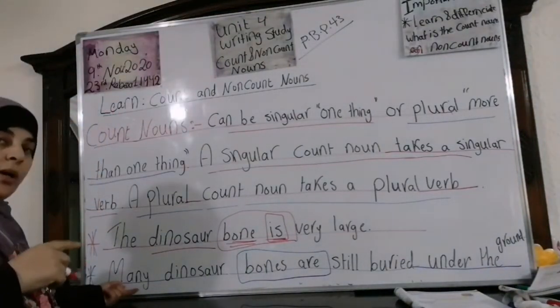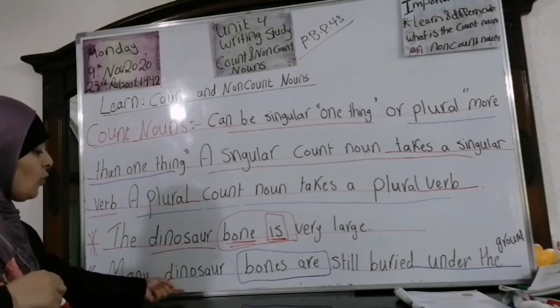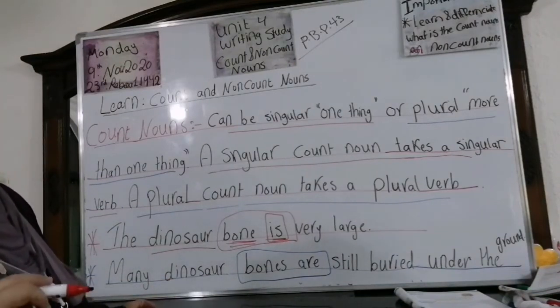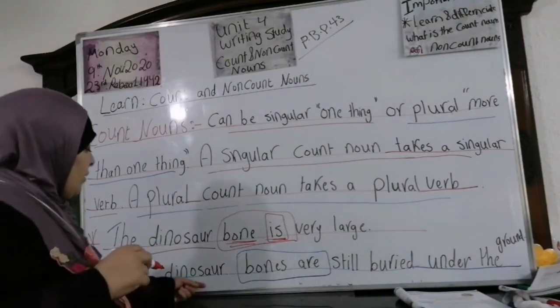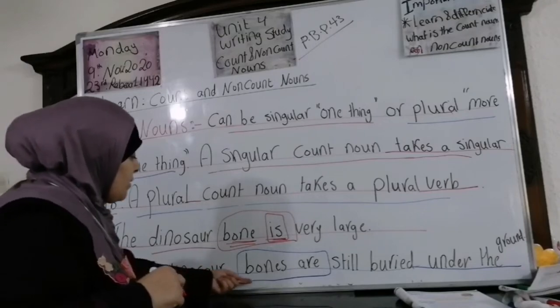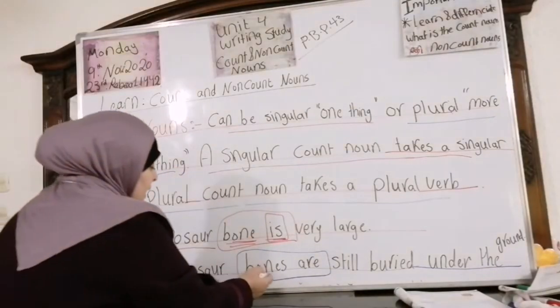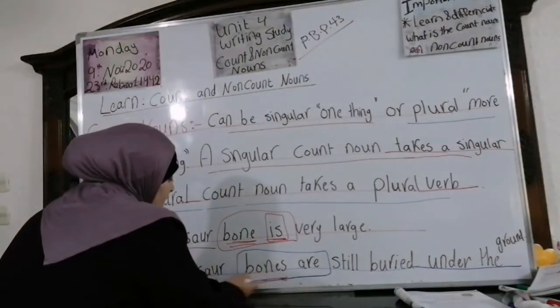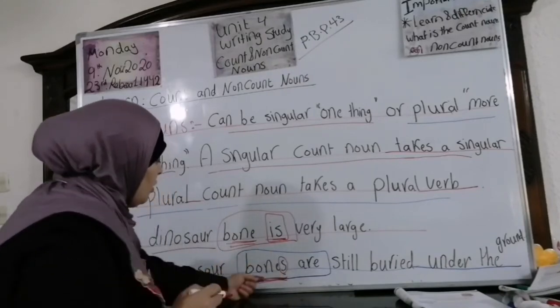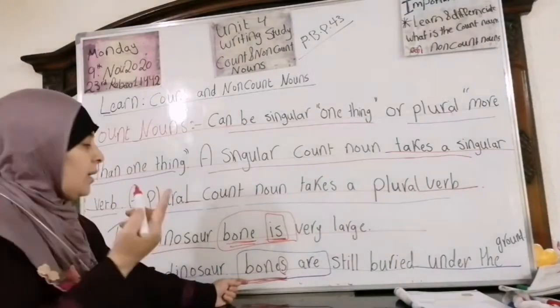Now look at the next one. We have many dinosaur bones. Okay? We have dinosaur here also, but look at this one. What differs? شو اللي بيختلف؟ Here we have what? النوم شو ماله؟ Bones. جمع. Plural. طيب.